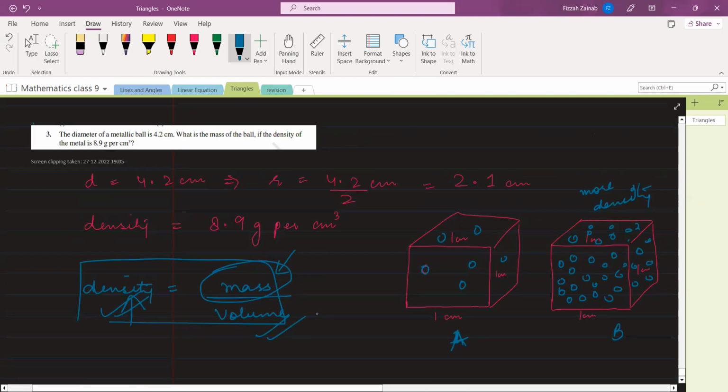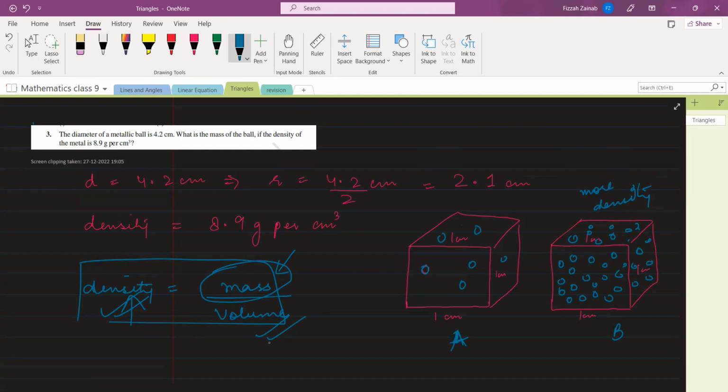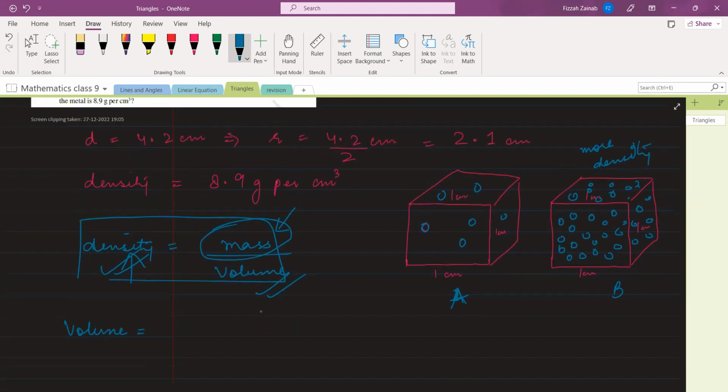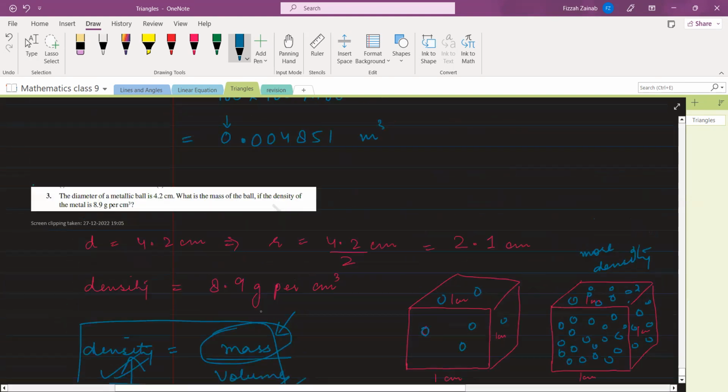So density is already given. That means first of all, we have to find the volume. Then we will put those two things in this formula and we can find out the mass. Okay, so let's find the volume first of all. What is the shape here? The shape is spherical. It's a metallic ball.